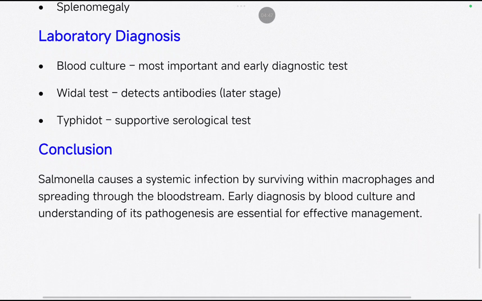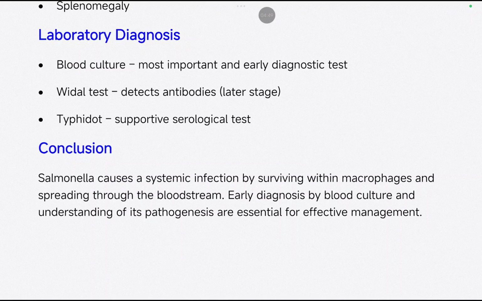And how would you diagnose Salmonella? Since it is gram negative, the basic test would be blood culture, which is the most important early diagnostic test, because practically you cannot just order the highest test, as it is impractical, very expensive, and time taking. So culture is a very broad metric on which you can identify.